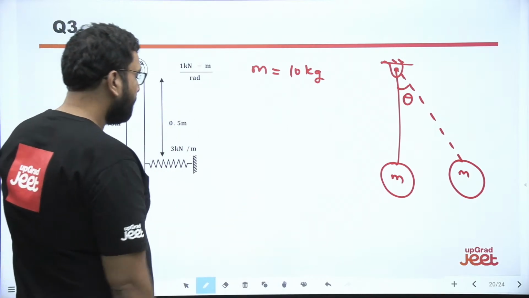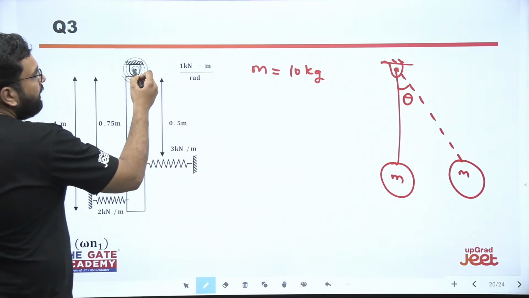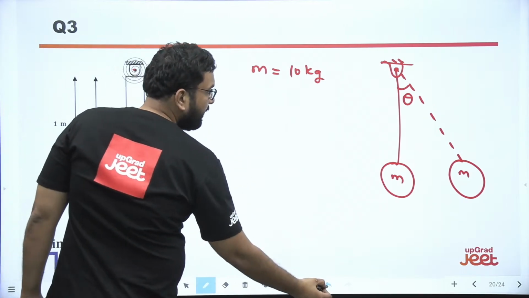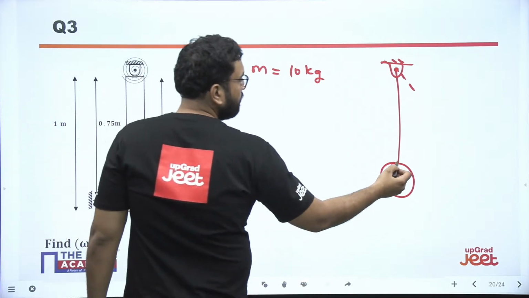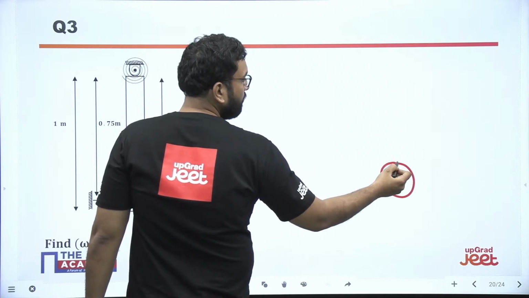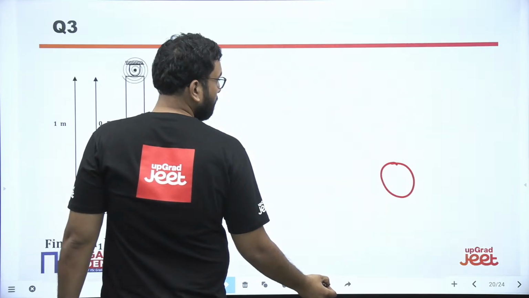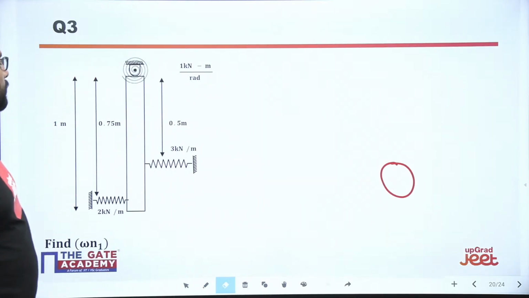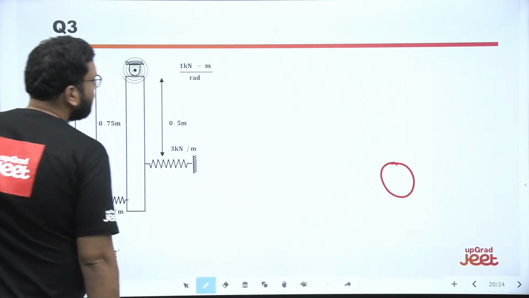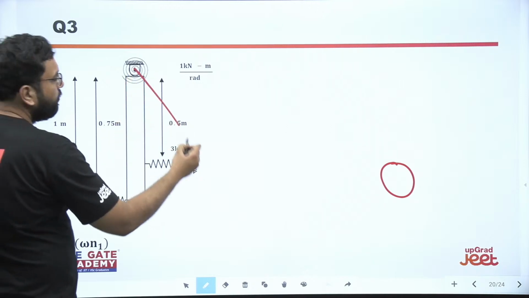So the first thing that we must do is give it some angular displacement, and then we can see what the torques are.